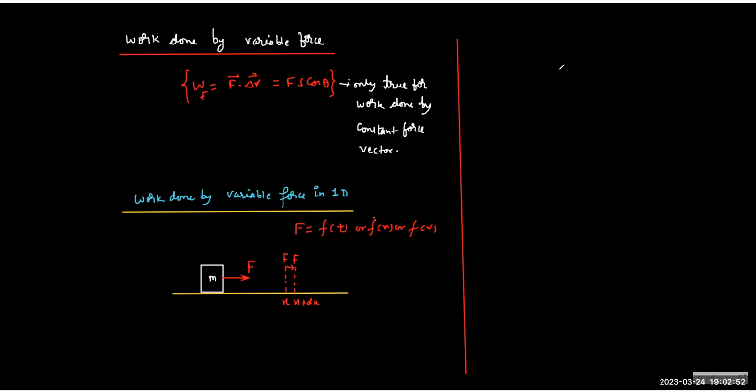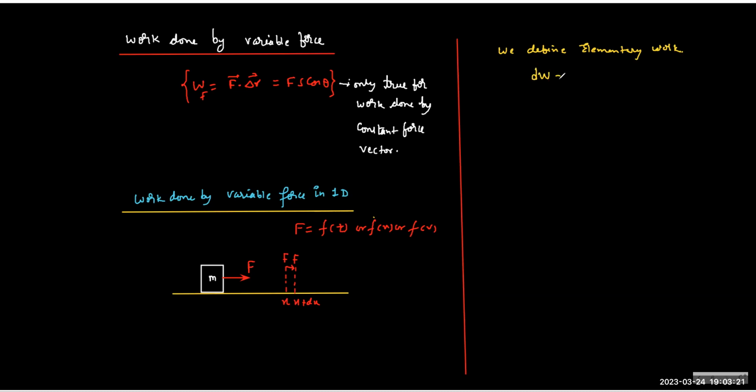Then once you keep on doing that, and you keep on finding the work for each elementary value, and then add up all values, if it is a continuous function, that will translate into something called integration. So what we do is we define elementary work.